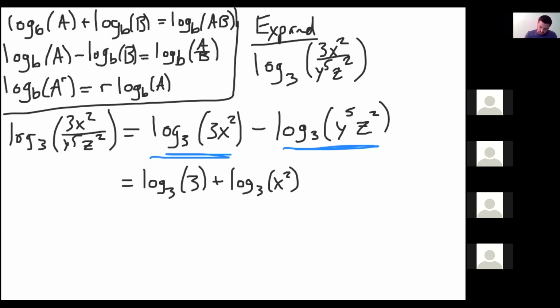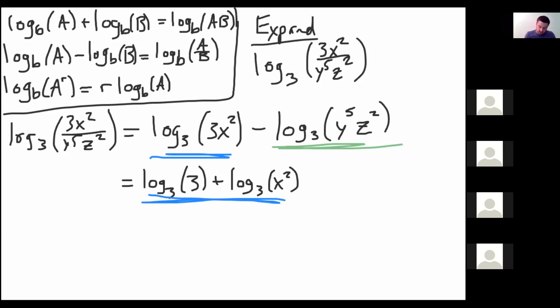So let me color code this a little bit nicer. This is just expanding that first log. But then I have to remember I'm subtracting log base 3 of y to the 5th times z squared, which means whenever I write its expansion, I need to subtract its expansion.